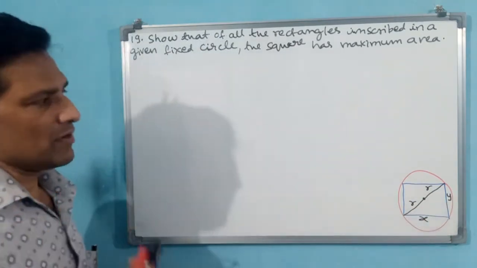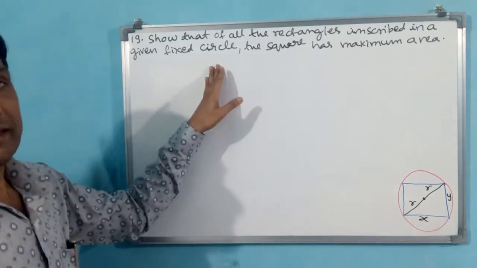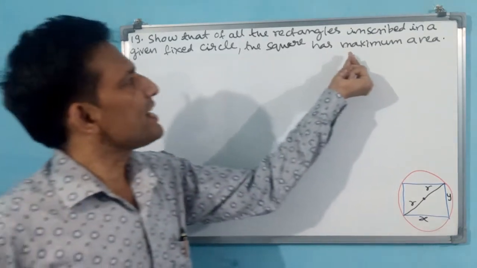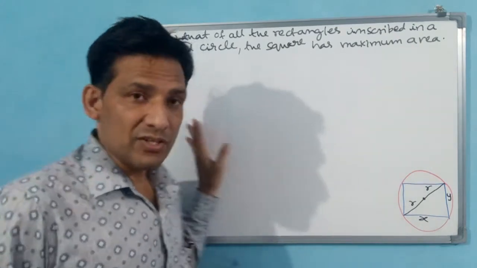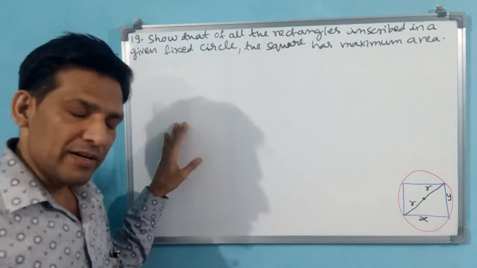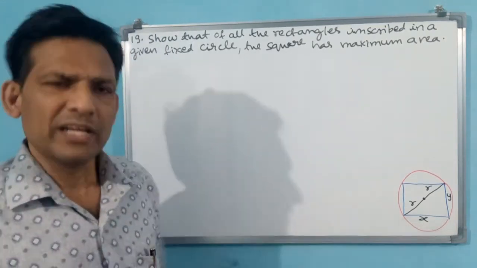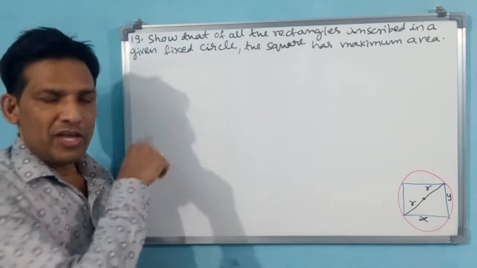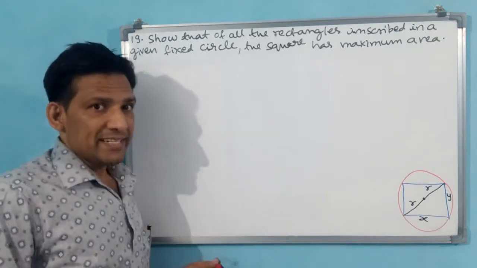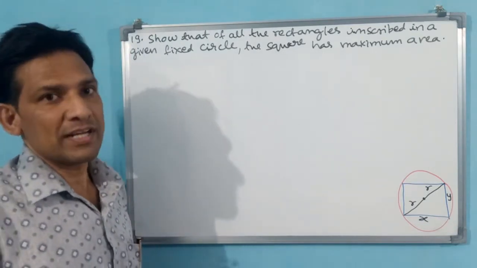Then you proceed. That is one procedure. Afterwards you see here, what is the main criteria? Main criteria is maximum area. That means first the area you have to find. Area you have to write in function form, A of x. X we will take as a base. A double dash x should be less than 0. Then only the area should be maximum. Like that you have to understand the concept here.